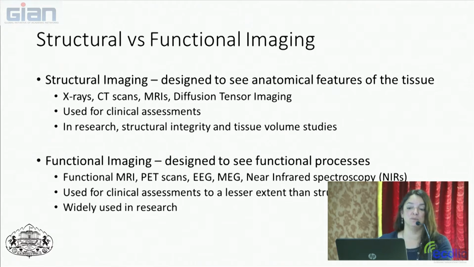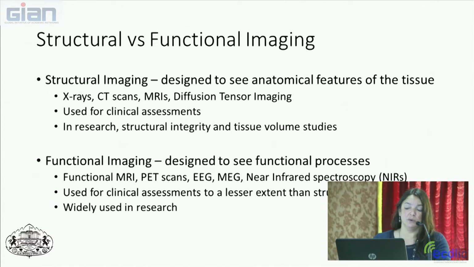Functional imaging, on the other hand, is designed to see functional processes, so things that are actively happening in the brain. Functional MRI, PET scans, EEG, MEG, and I mentioned NIRS, near-infrared spectroscopy. These are all functional methods. So we're not actually looking at structure, we're looking at the workings of what's happening in the tissue.